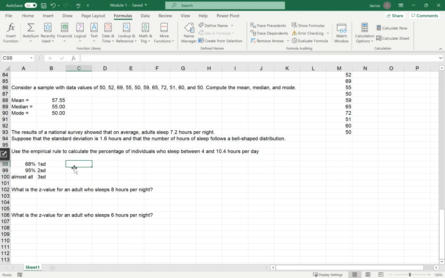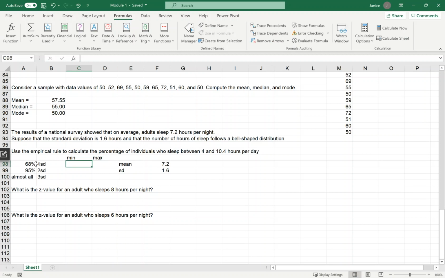Okay, so now considering that, so let's see. My mean is 7.2 and my standard deviation is 1.6. So I could say minimum and maximum.